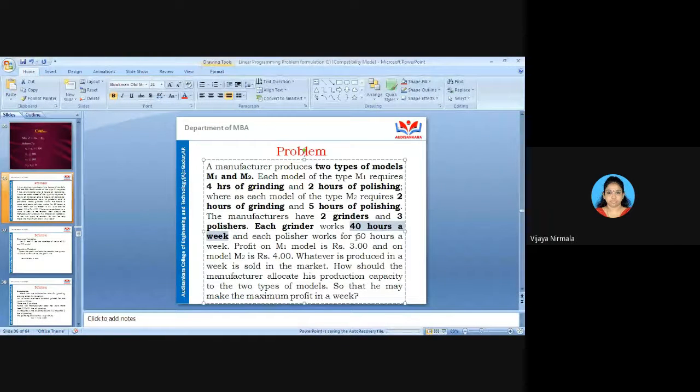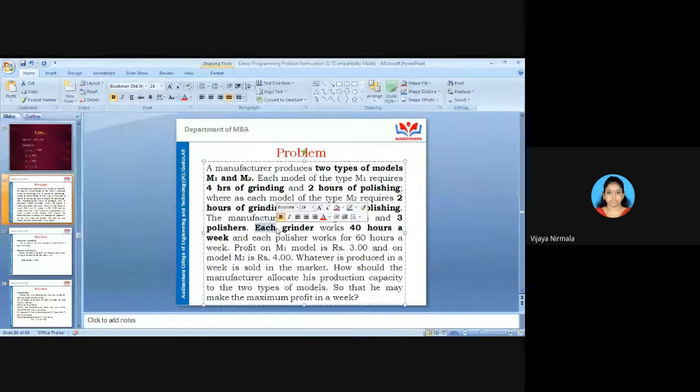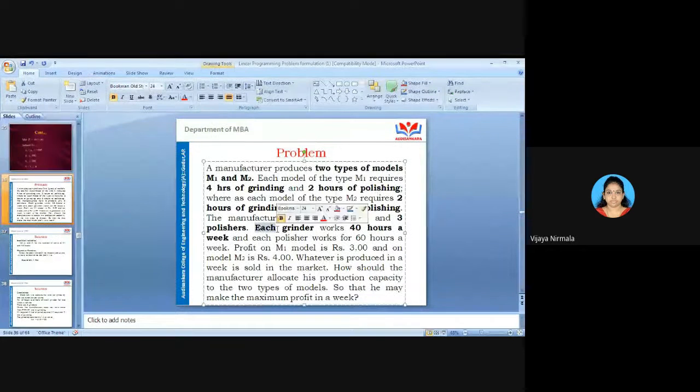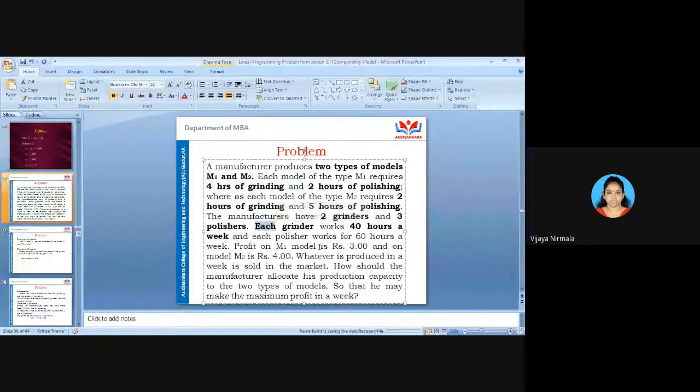You should not write only 40 there. If there were no "each", you could write 40 hours a week. But here in the problem they have given each grinder, and we have 2 grinders, so you have to write 2 into 40.